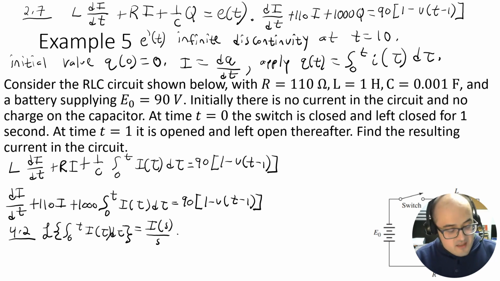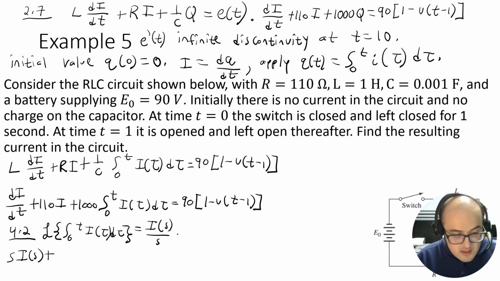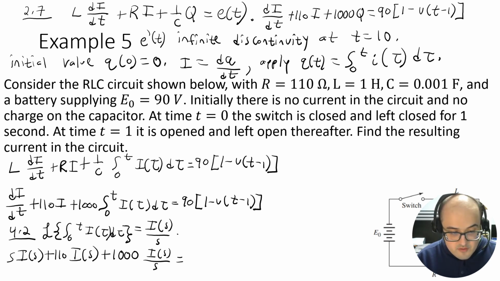So, because of that, we can then give, as our transformed equation, s times I of s plus 110 times I of s plus 1,000 times I of s over s, it's going to be equal to 90 divided by s times 1 minus e to the negative s.